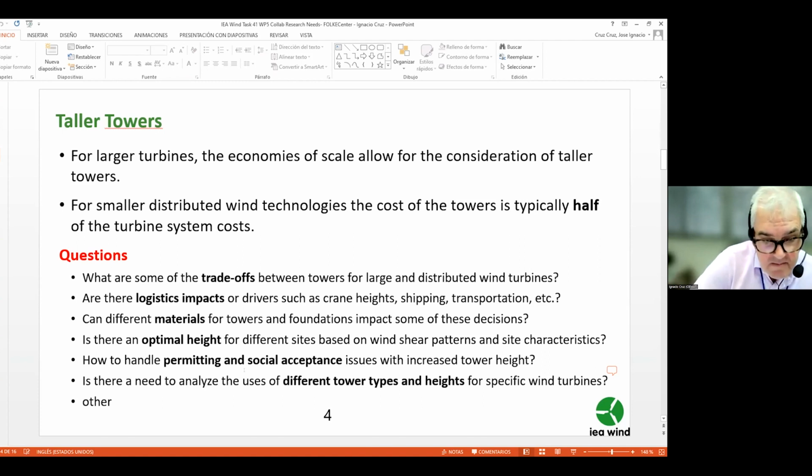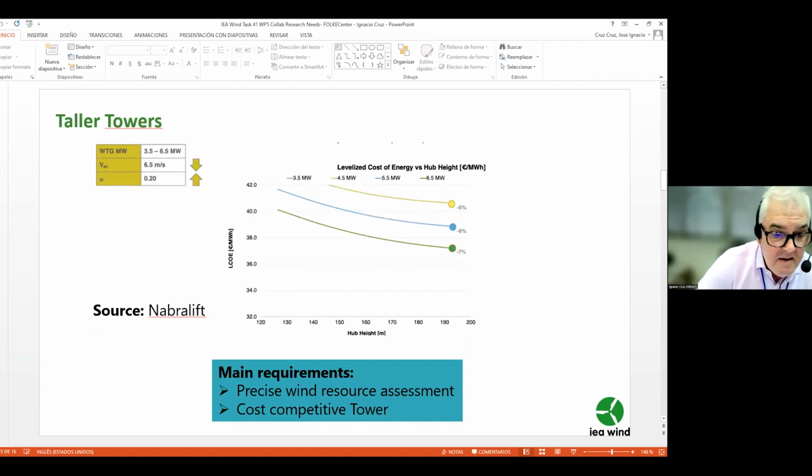How can we handle permitting and social acceptance issues with increased tower height? It's a really important issue in distributed wind, as it's very close to inhabited areas. Is there a need to analyze the uses of different tower types and heights for specific wind turbines? Those are questions that can be resolved in the development of the work.